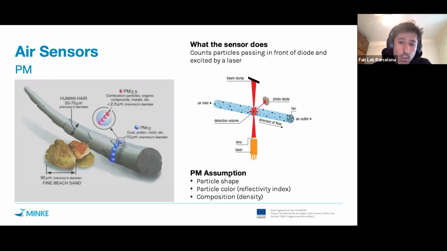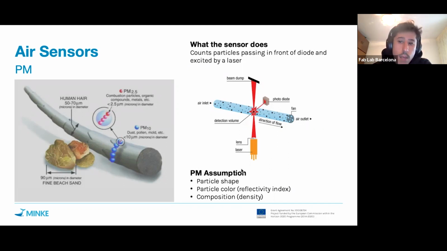This means that we don't have any color sensor that is able to tell us what color each particle is. And finally, we don't know anything about the composition, so we don't know anything about the density. What the sensor does, since it's counting particles that are passing in front of it, is assume all these things and then give us a number of particulate matter in terms of mass per volume.